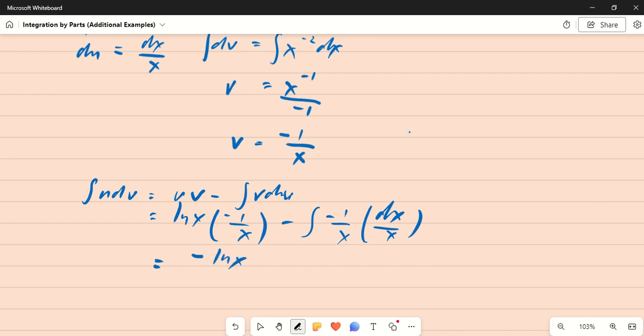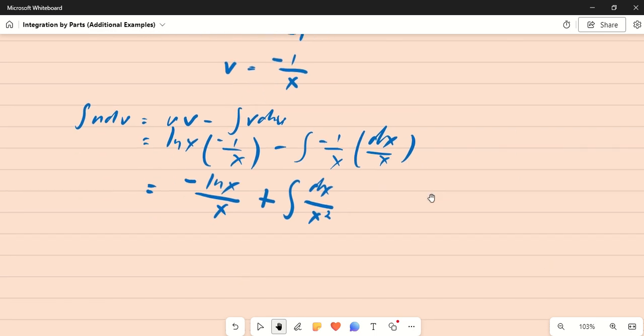because ln of x times negative 1 over x is negative ln of x over x. Then you have here negative 1 and then negative 1 outside the integral. So you'll be having plus the integral of, simplifying this expression further, dx over x times x is definitely x raised to the second power.